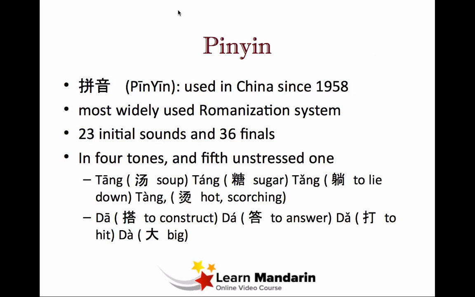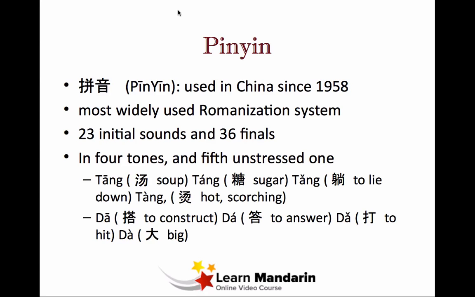So Pinyin, or officially the scheme for the Chinese phonetic alphabet, has been used officially in China since 1958, and it's now the most widely used romanization system in classrooms, in textbooks, in computer input systems, and in dictionaries around the world. In the Pinyin system, each syllable is composed of the initial consonant sound and final vowel sound.